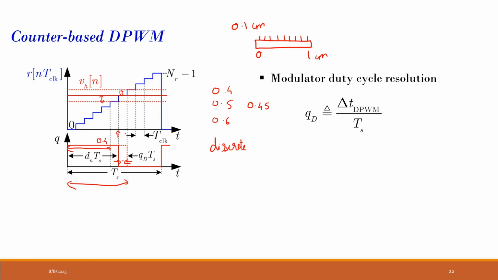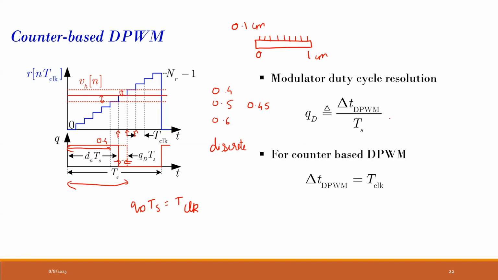You have a clock coming over here. The time period of the clock is T clock. So this QD into TS is equal to my T clock. Effectively, my QD is equal to delta T DPWM upon TS, and my delta T DPWM is equal to T clock.